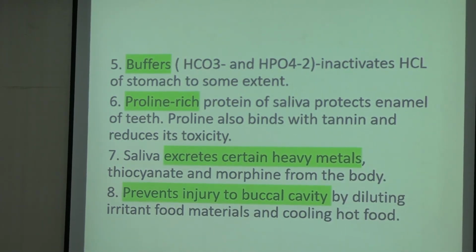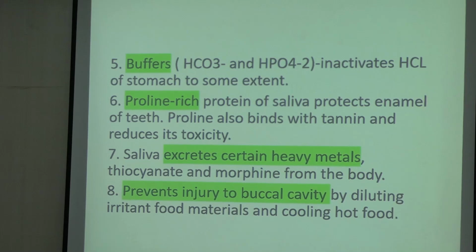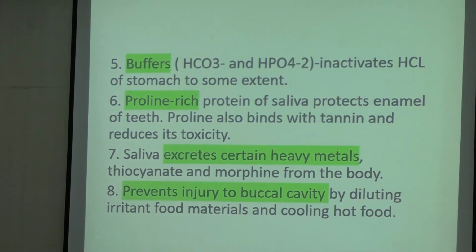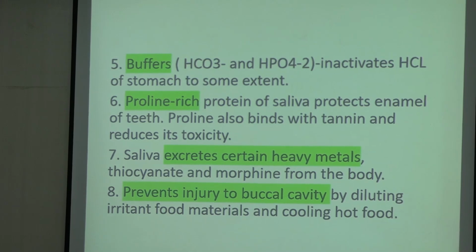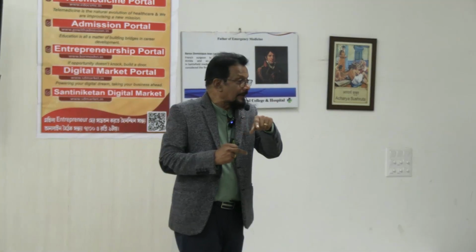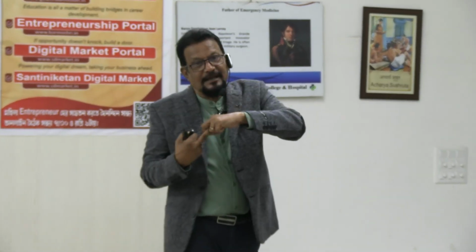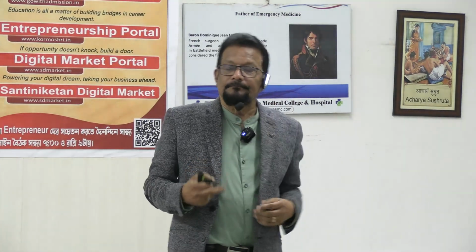When the gastric content comes up through vomiting, it contains a lot of acid and may destroy your epithelium. So immediately the saliva, having bicarbonate ions, will buffer the hydrochloric acid. So HCl will be unable to damage the inner wall.